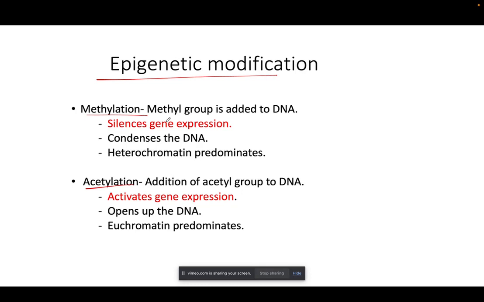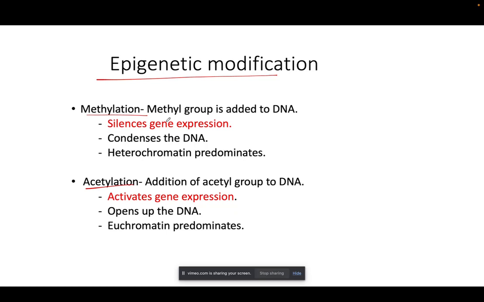Okay, methylation will add a methyl group to DNA, which actually causes the gene to be suppressed. Okay, so it silences the gene expression. And how does it silence the gene expression? So methylation allows the DNA to condense. Okay, and since DNA is condensed, the transcriptional enzyme cannot access the DNA to make the mRNA.